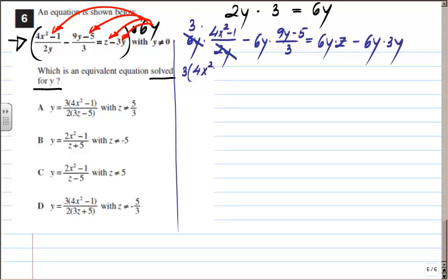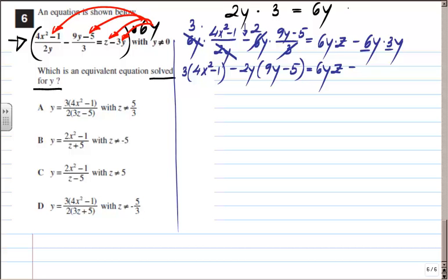Next, 3 goes in 6 2 times, and you have minus, the sign that's already there, minus 2y times 9y minus 5, equal sign 6yz. Well, 6yz is 6yz. Nothing else I can do about it.